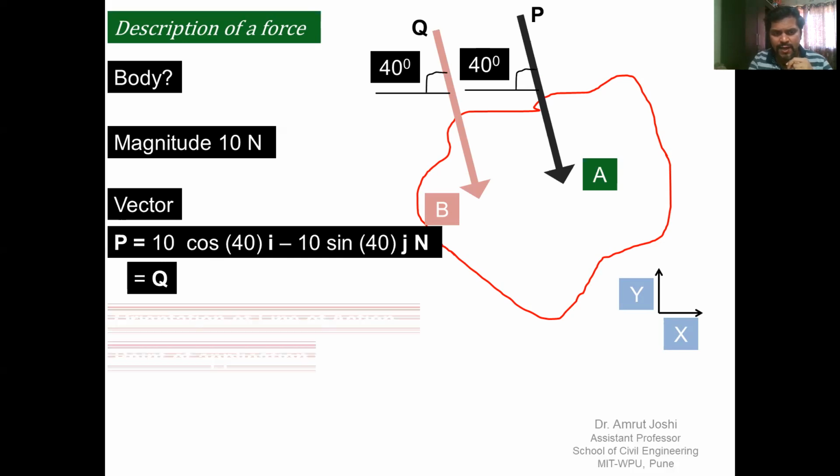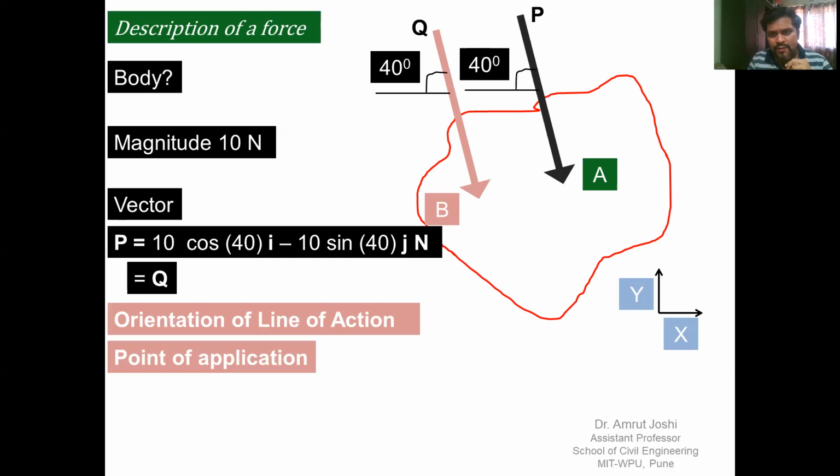As you can look at, the point of application of these two forces is different. Force P acts at point A, force Q acts at point B. However, orientation of their line of action with reference to x-axis is same, that is 40 degree. So what is line of action? If I extend these forces up to infinity, the line on which they act, that is line of action of these forces.